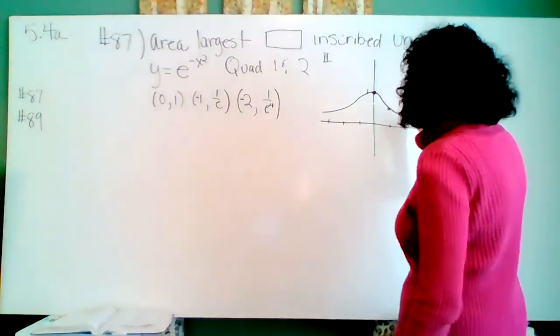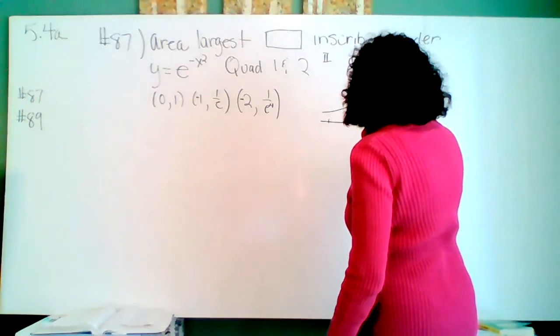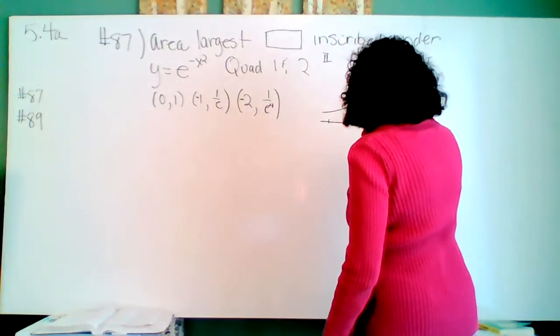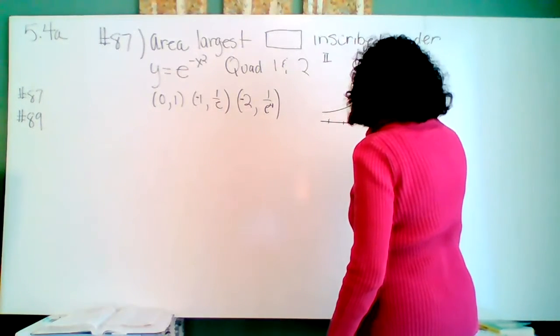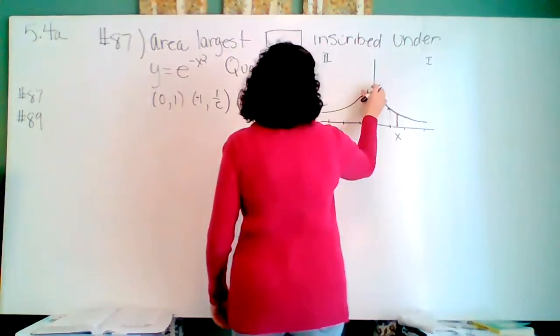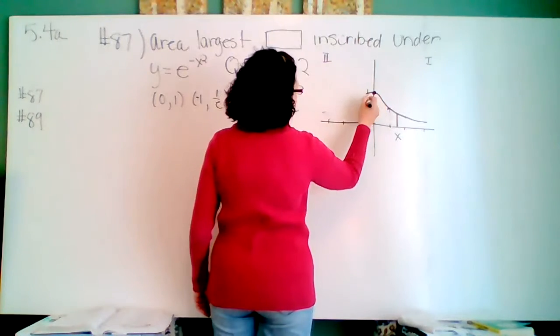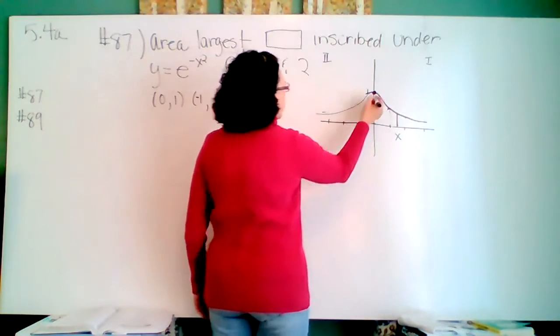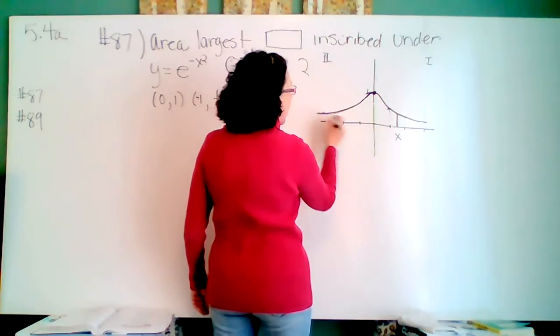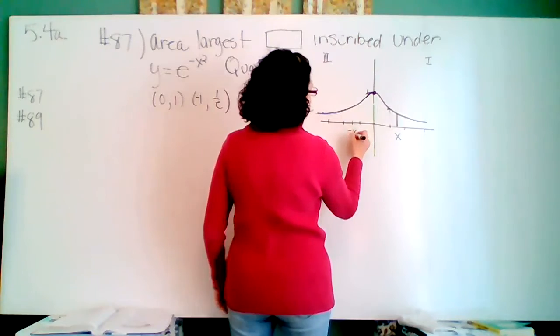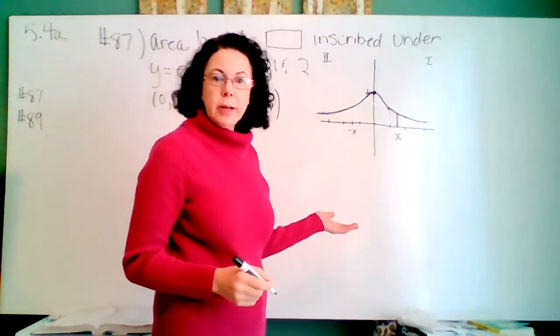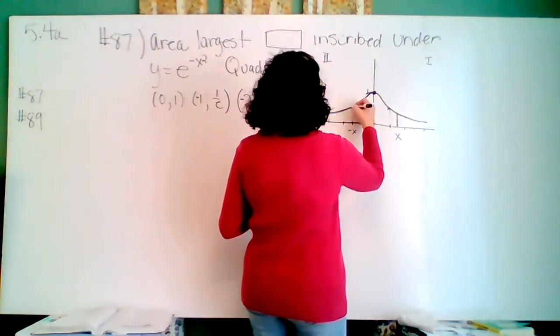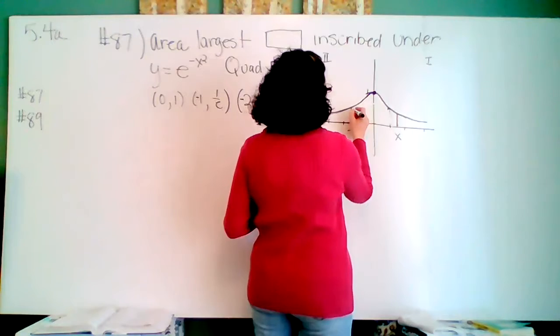So they're asking for, if I made a rectangle at some x here, let me see if I can make this a little bit more symmetric on both sides. And this would obviously be a negative x over here, when I'm just as far from the x-axis on the left.